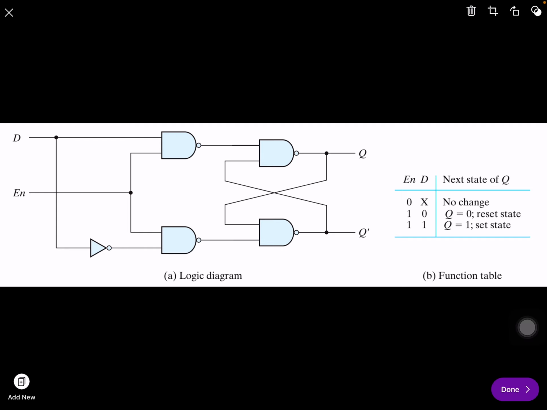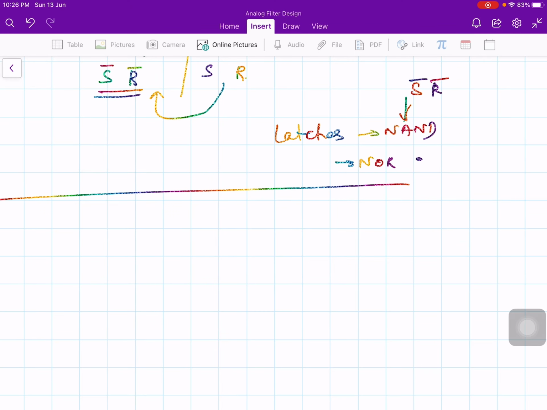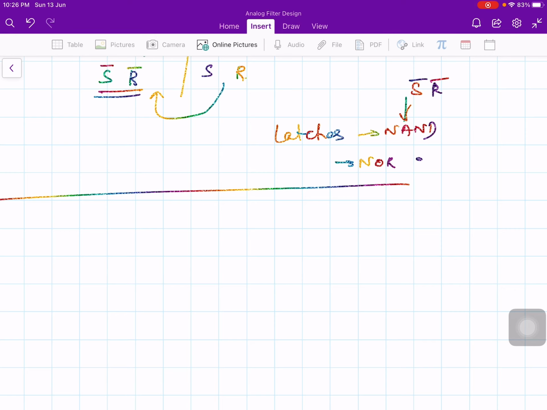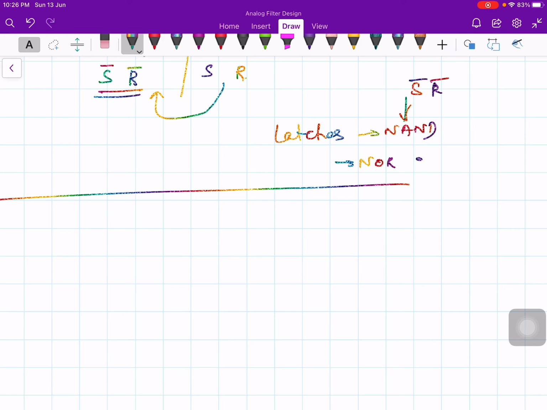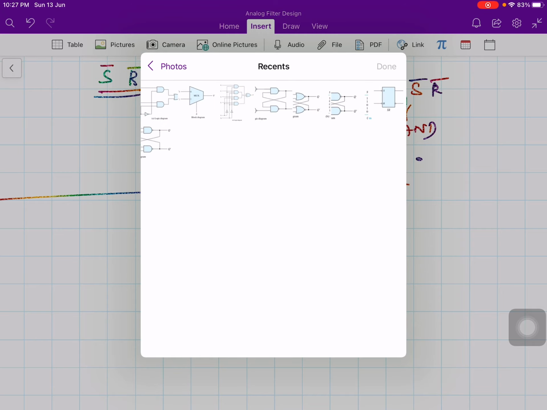No, SR latch with control, not this one. Discovered image. Insert pictures. Is this one?